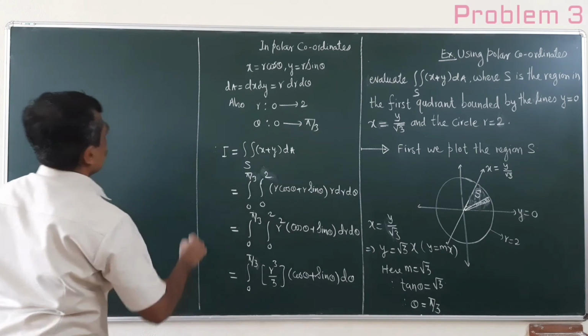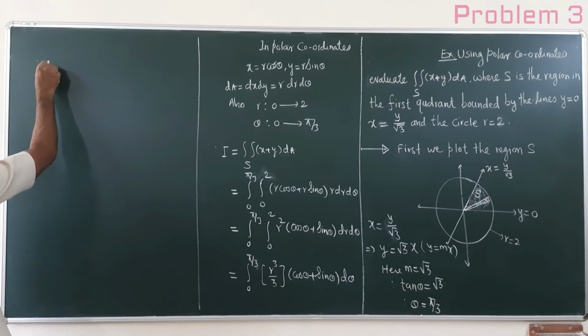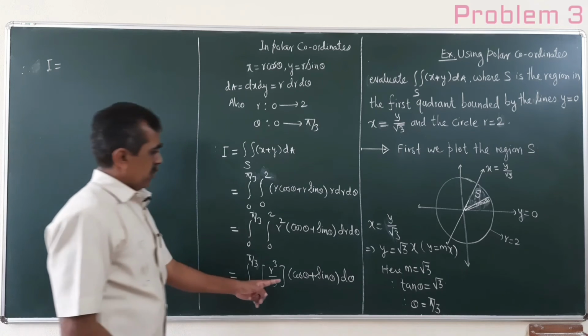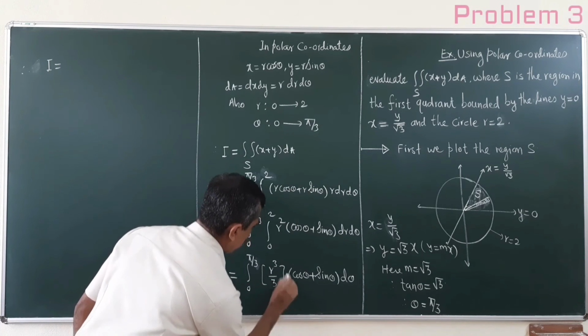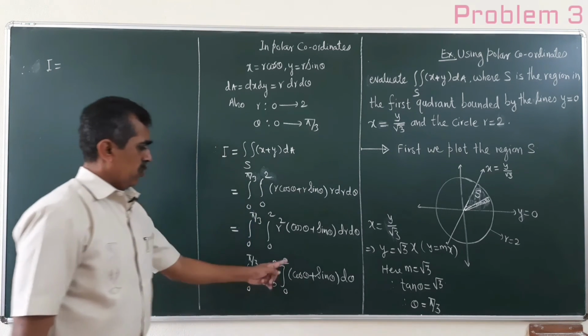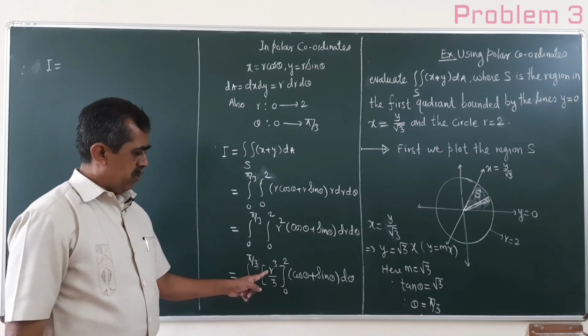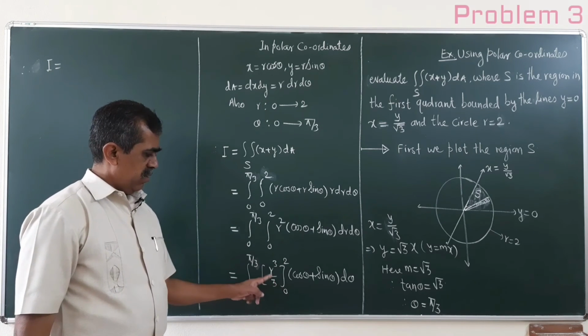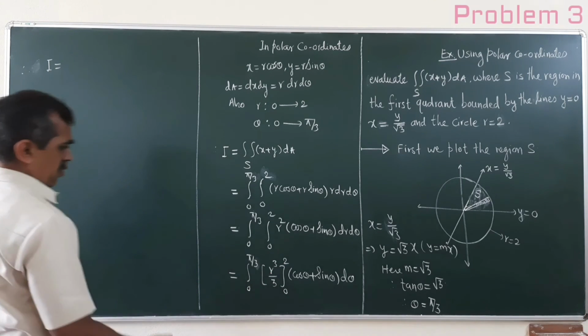Therefore I is equal to, now what are the limits of r? So 0 to 2. Now put upper limit 2 cube, that is 8 by 3, and 0 by 3 is 0.